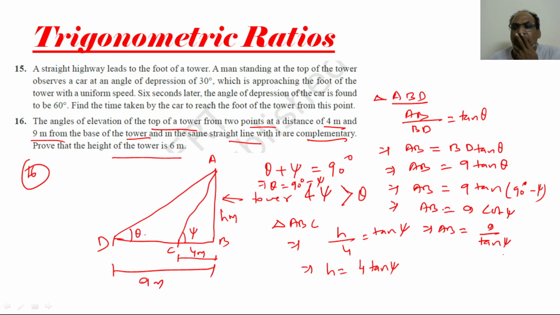Okay. So AB is what? H only. So 9 by tan psi. So h is equal to 4 tan psi is equal to 9 by tan psi.